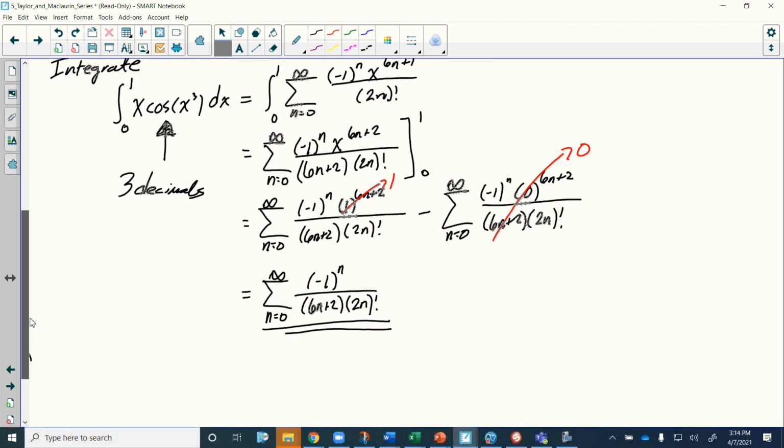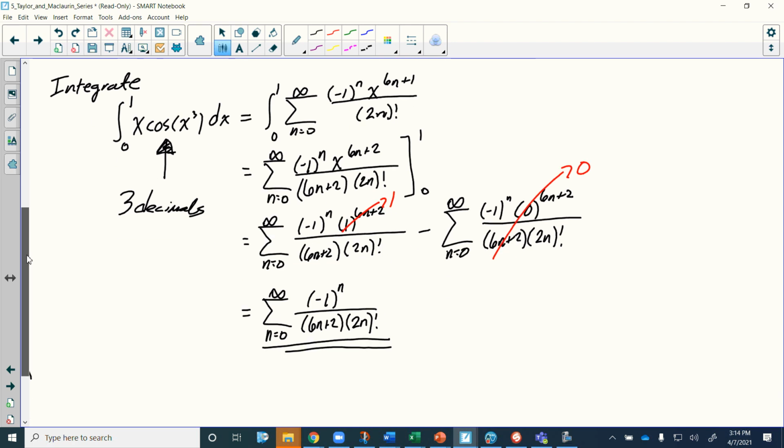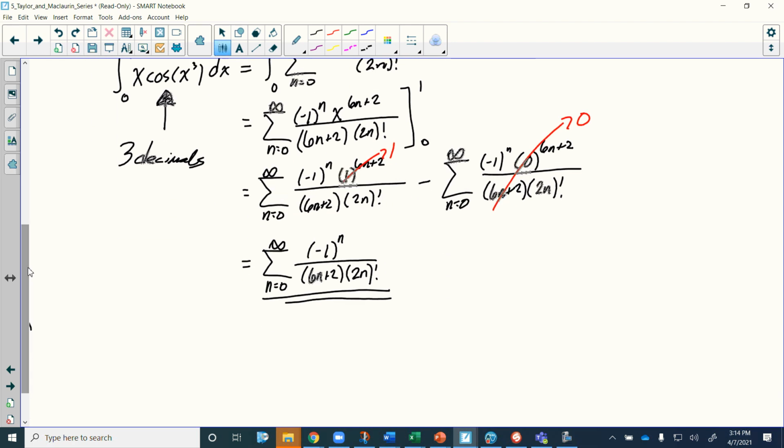We had to be able to get that based off of our prior knowledge with our Maclaurin series for cosine. And then we were able to do our substitution, got our series, and now we could do our integration. So we've done our integration with the definite integral that we were given from 0 to 1, and we're left with the series here that I have underlined in black.